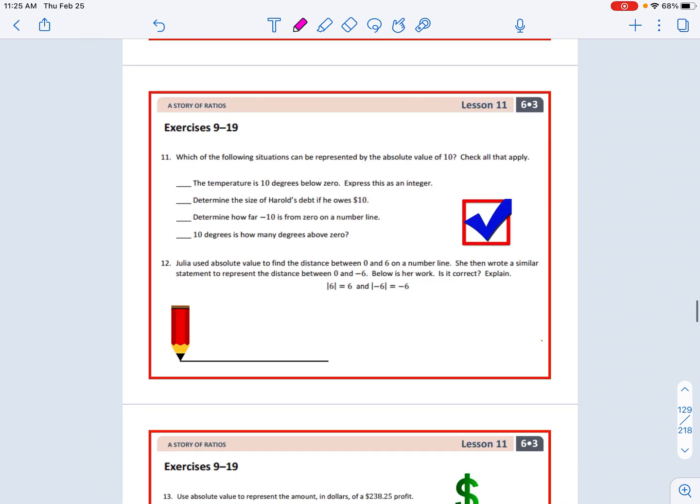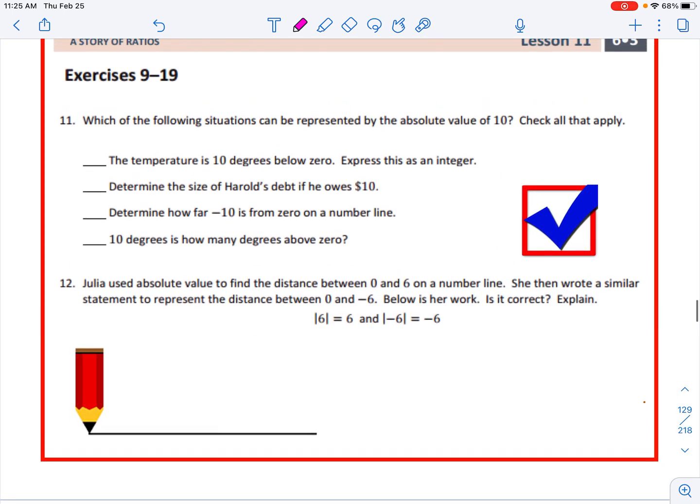So now lastly, let's do 11 and 12. It says, which of the following situations can be represented by the absolute value of 10? Check all that apply. The first one says the temperature is 10 degrees below 0. Express this as an integer. That would be -10. Remember, the absolute value of 10 equals 10. -10 is not that. So the first one does not apply, and we are not going to check that.